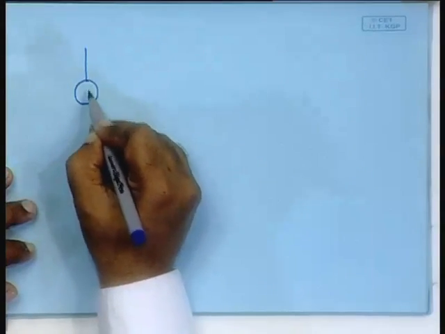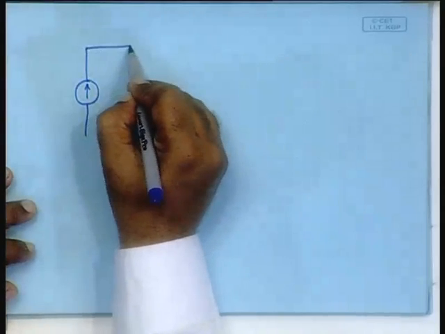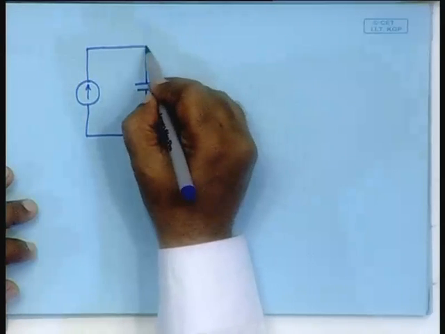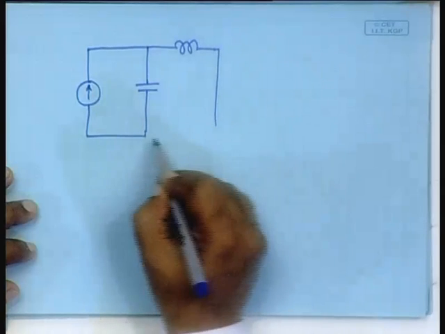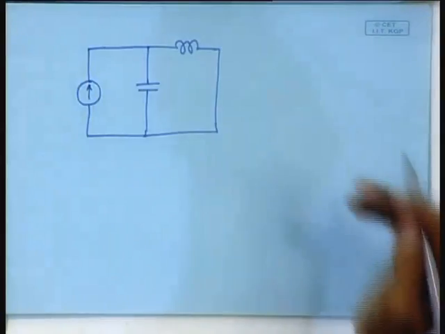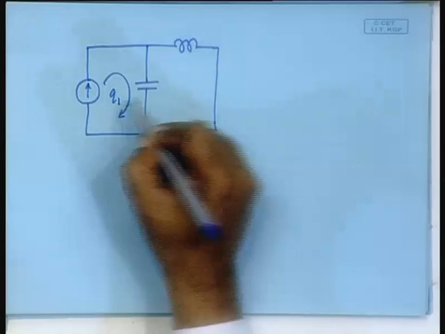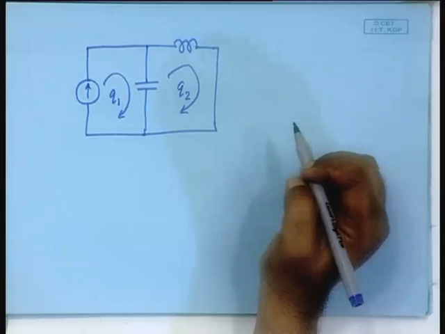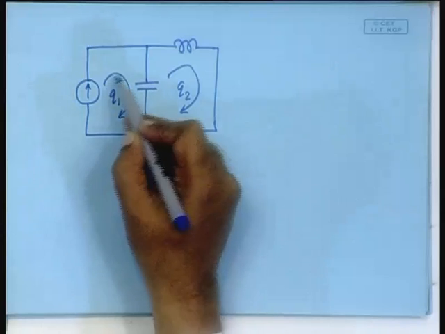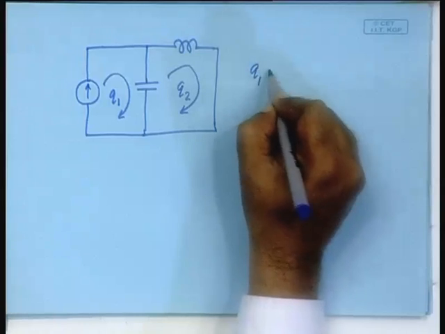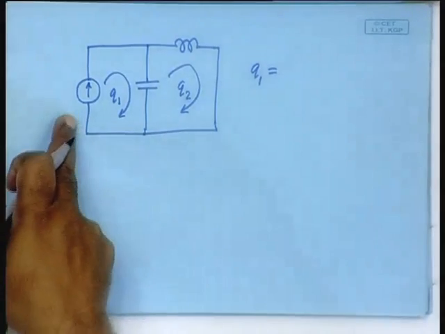Suppose there is a current source like this, here. Suppose there is a capacitor, and suppose there is an inductor, and say only this much. Then according to our prescription, what will we say? We will say that this will be our Q1 and this will be our Q2. Now notice that Q1 dot is nothing but this I, and therefore Q1 is the integral of the independent current source.